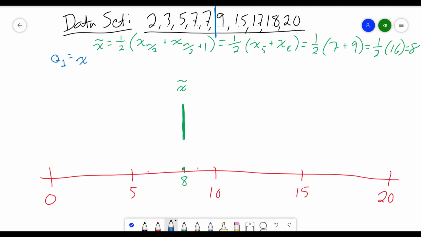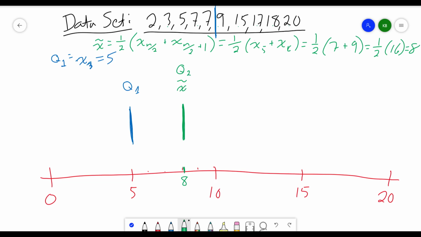So 5 plus 1 is 6, divided by 2 is 3. So x sub 3 is my third entry here, which is 5. Once you have your first quartile value, you put a vertical line there. And again, it's a great idea to label it as your first quartile. And your median is the same as your second quartile.